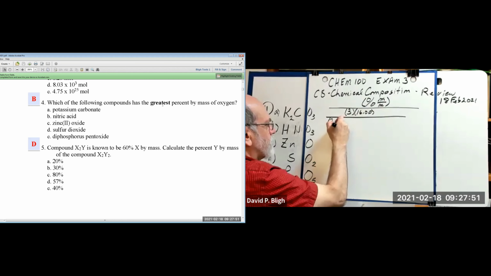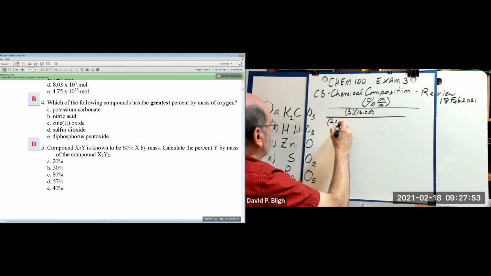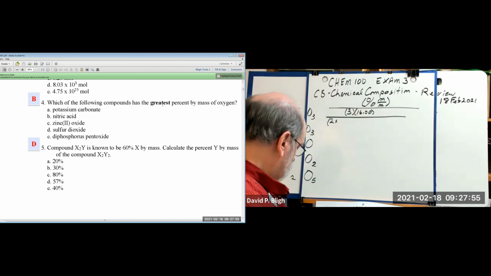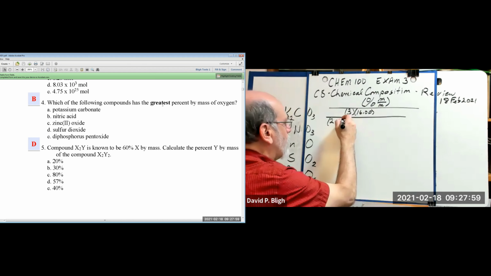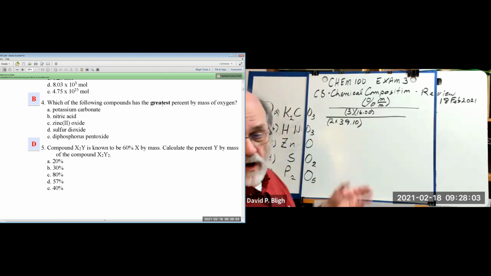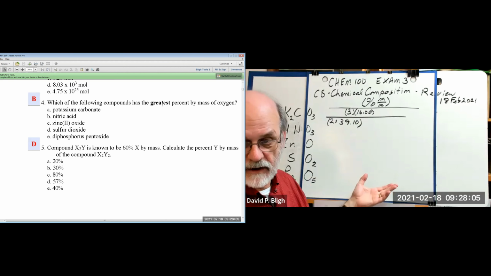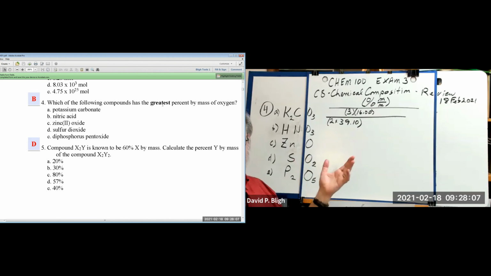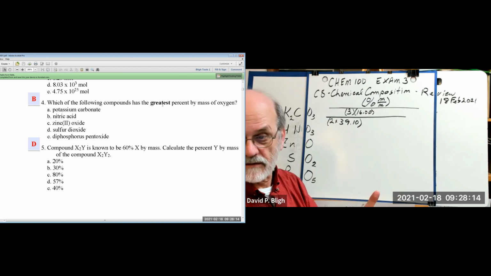Let's see, which is 39.10. And these are all grams per mole. Right? So what we're saying is, suppose you have a mole of the compound. Just fix it at a mole.